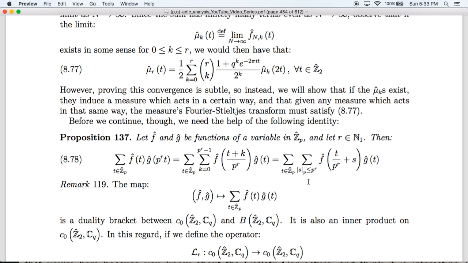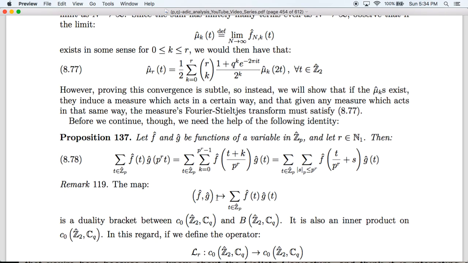And so in this case, for those of you who are more fluent with functional analysis, this particular map defines a duality pairing, a duality bracket between the C_0 of Z_2 hat to C_Q and B of Z_2 hat to C_Q. This is the space of all functions from Z_2 hat to C_Q that decay Q-adically to 0 as t's 2-adic absolute value goes to infinity, whereas this is the space of all Q-adically bounded functions from Z_2 hat to C_Q.